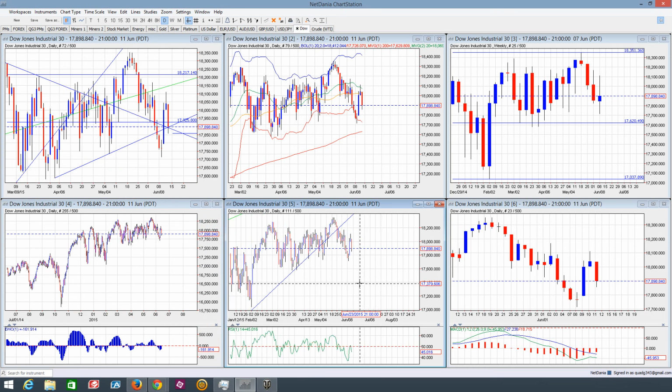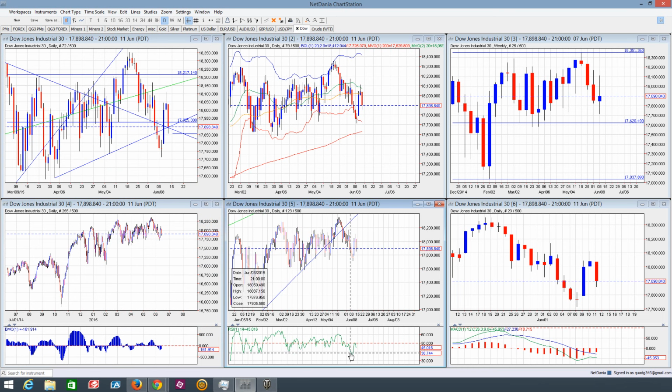All right, the RSI, we did break the 40 slightly there. We did bounce back up, but this is an indication to me. You can see the last few times we tested the 40, it's held fairly strongly. This is the first time we've dipped as low underneath the 40.